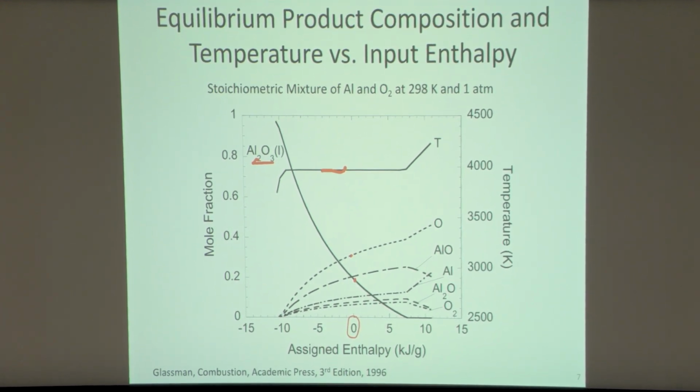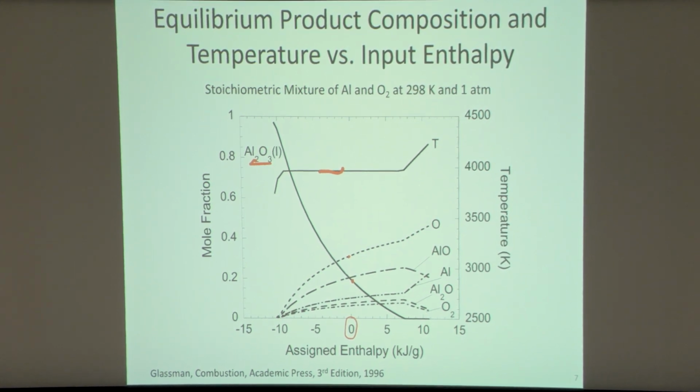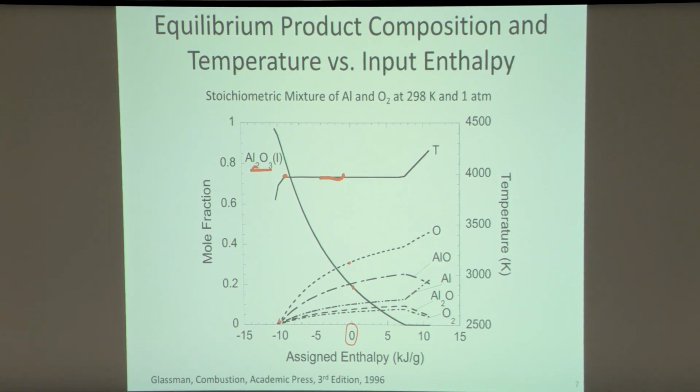Okay, so it's sort of like going across the vapor dome of vaporizing water, right? The enthalpy of vaporization. So finally, if I take away enough heat or enthalpy, then all the gas phase species go away, the temperature can now drop, and I only have condensed phase aluminum oxide in the mixture.